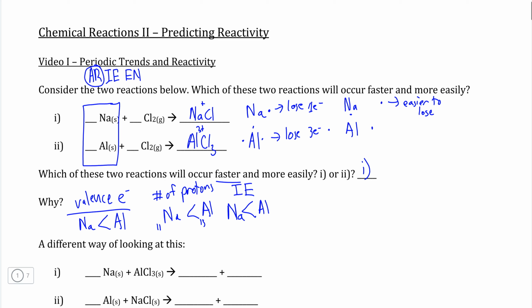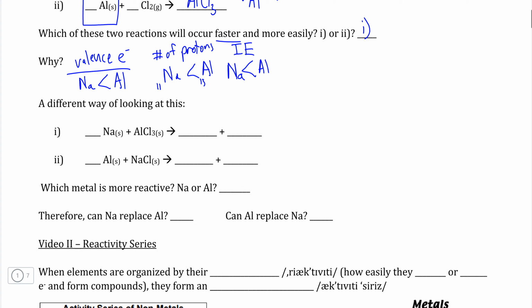Now, what if we were to take a look at the sodium-aluminum comparison in a different type of reaction? So here we can see that sodium and aluminum are going to be our element A, and the opposite ionic compound, so sodium reacting with aluminum chloride and aluminum reacting with sodium chloride, this is going to be our BC.